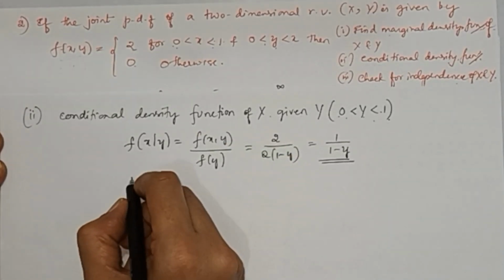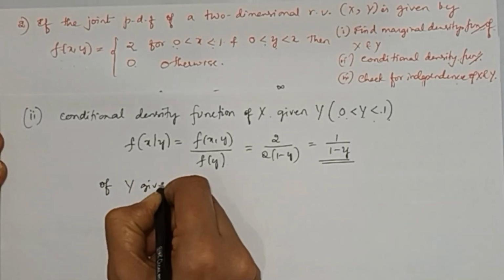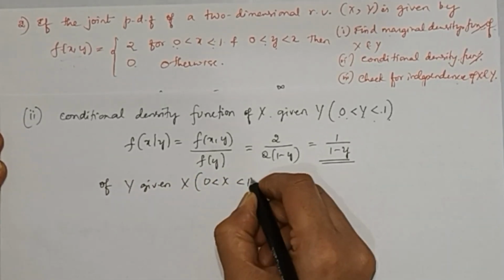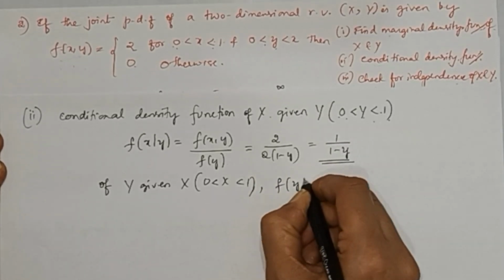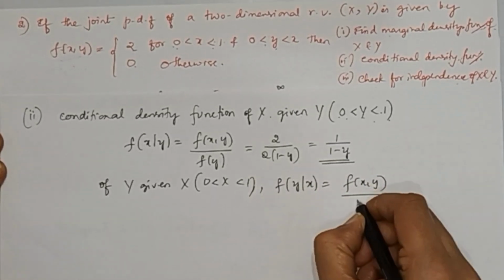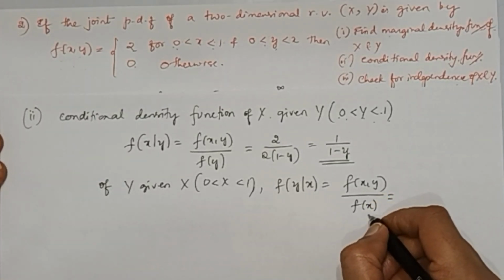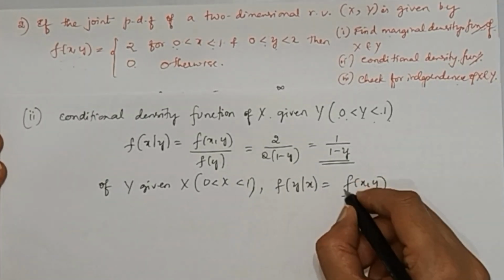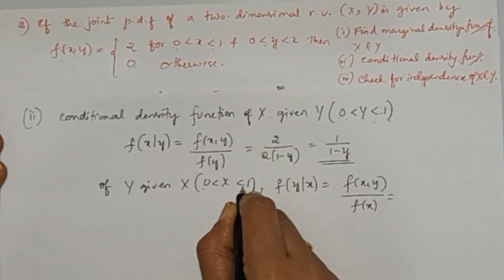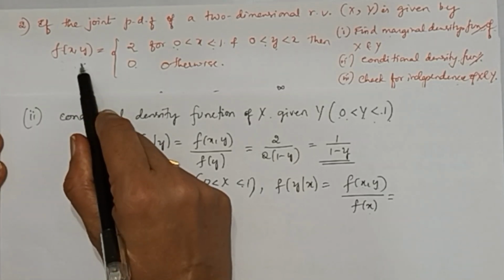Similarly, the conditional density function of y given x, where x is in between 0 and 1, is denoted by f of y given x, which is equal to f of x comma y divided by f of x. F of x is the marginal density function of x. And here, if x is in between 0 and 1, the joint density function is nothing but 2.